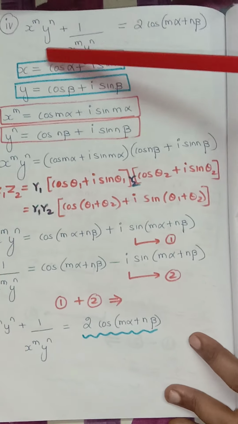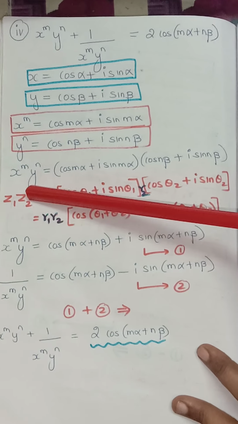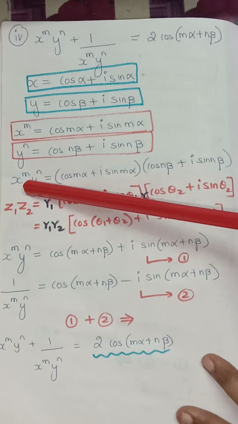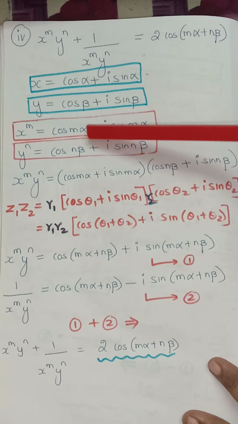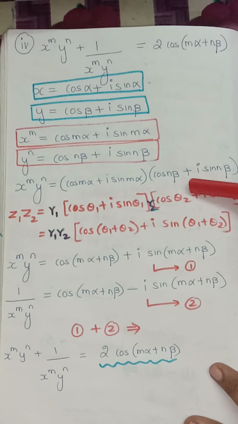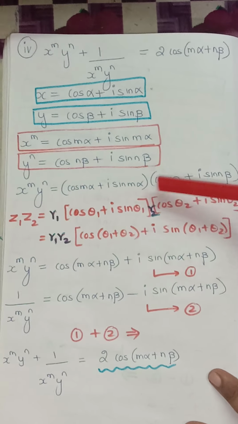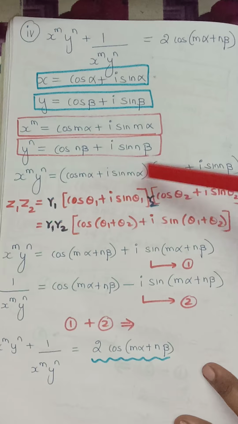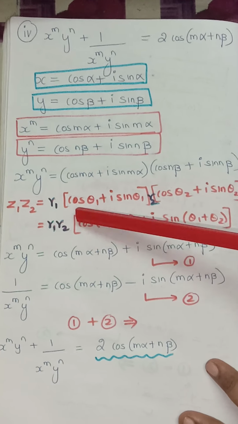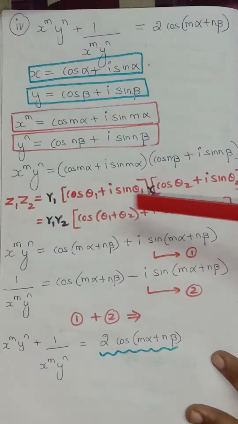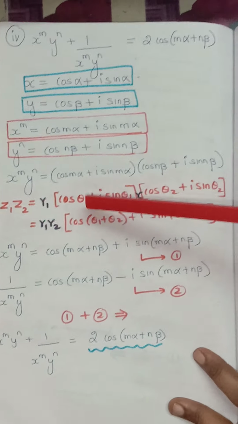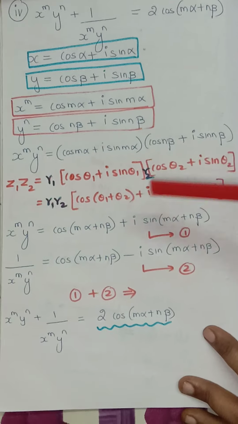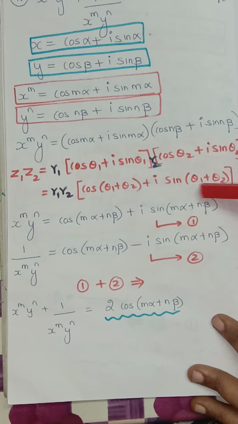Now let us come to the first term of this question. The first term is x^m into y^n. That is, these two complex numbers I have to multiply. So these two complex numbers I have written here. Next I have to multiply. Now which property we will be using is this property. When two complex numbers are in polar form and we have to multiply, we should add the arguments.